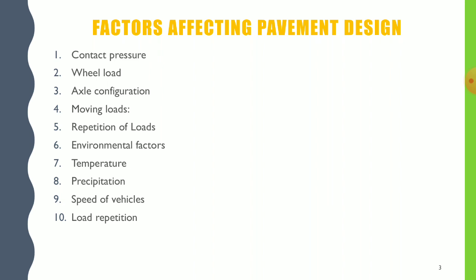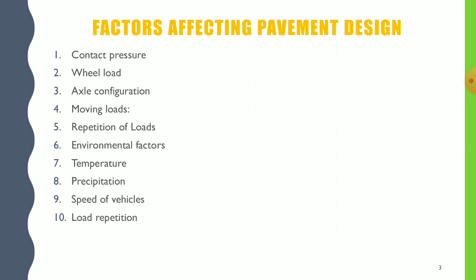So in arterial, the speed is high; in subarterial, speed reduces; in collector street, speed reduces comparatively; and local street as well, speed less than 30 km/h. But the load repetition you can observe in all the areas. Mostly in arterial roads we can observe the load repetition. Therefore it affects the pavement design.